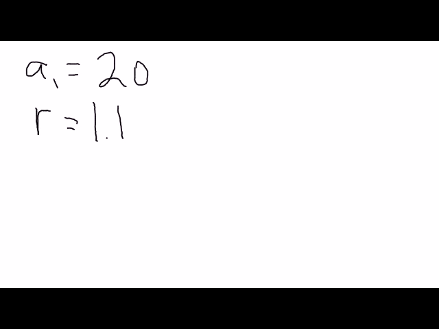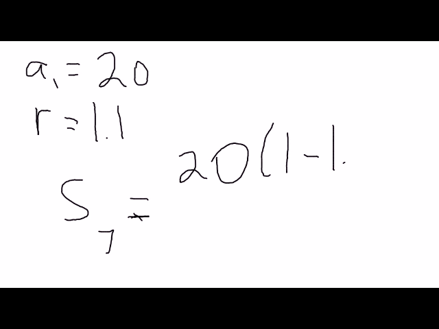And we want to know how much money he will have at the end of December. So how many months are we talking about from June to December? We're talking 7 months. So the sum for 7 months is going to be the first term times 1 minus, that's your r, 7 is your power, all over 1 minus r.